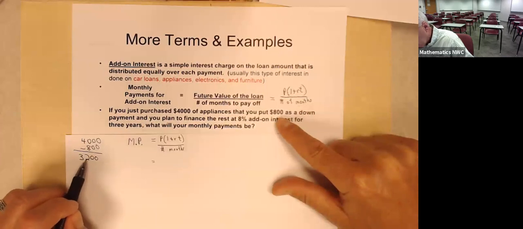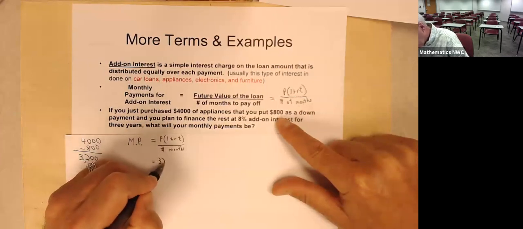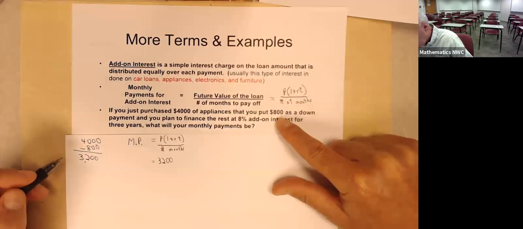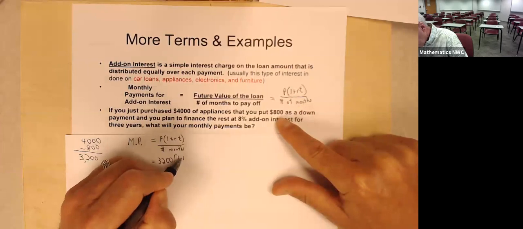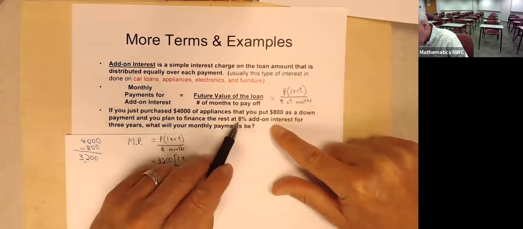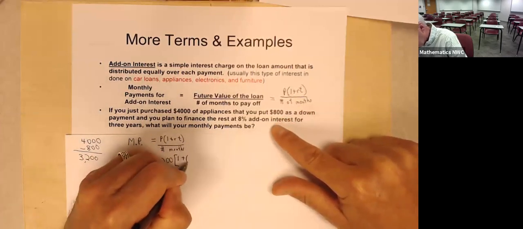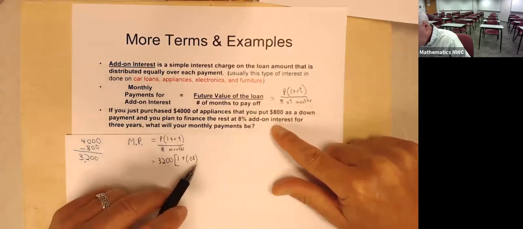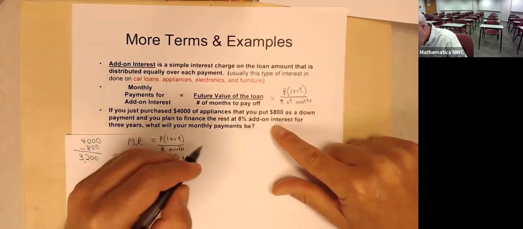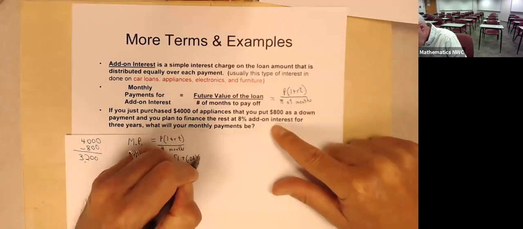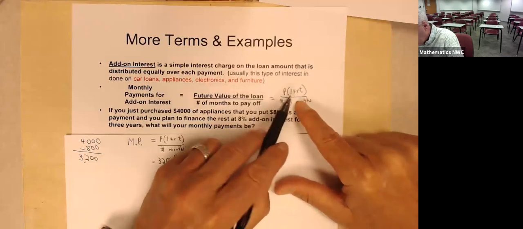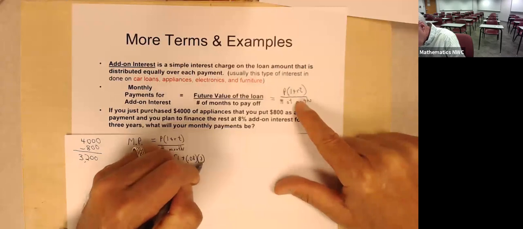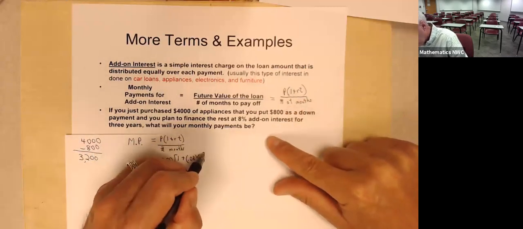I still owe 3,200. That's my principal that I'm going to be borrowing. 1 plus my interest rate, which is 8%, which is actually pretty common in this day and age. And my time is 3 years, because this is my future value of the loan for simple interest in 3 years. So I put the 3 in.